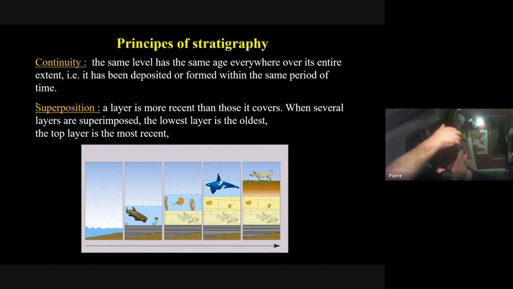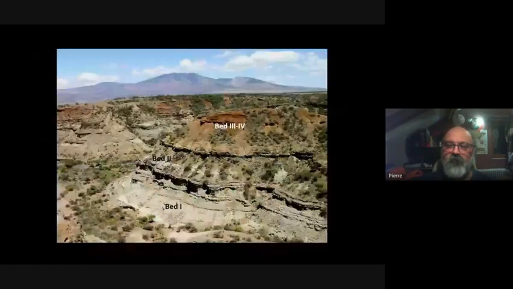The first principle is continuity, saying the same level has the same age on each part of this level, very, very simple. The second one, superposition, says when you stack different elements, creating a stratigraphy, the oldest is at the bottom and the youngest is at the top.